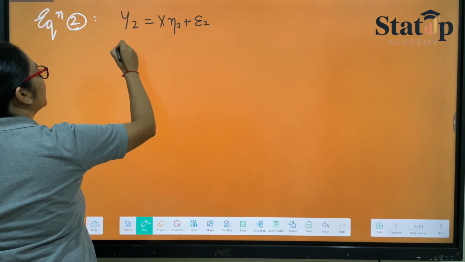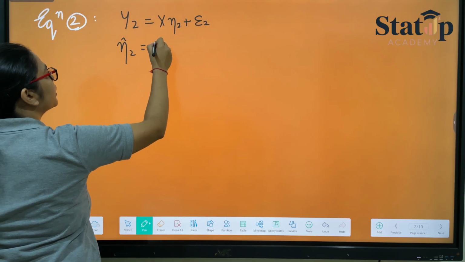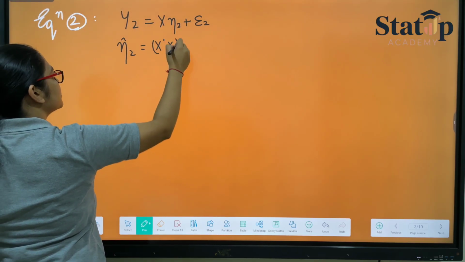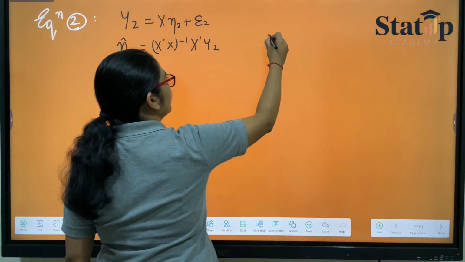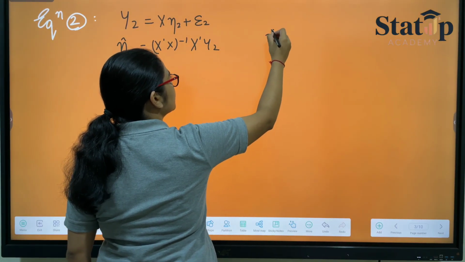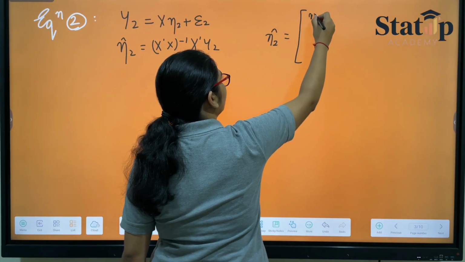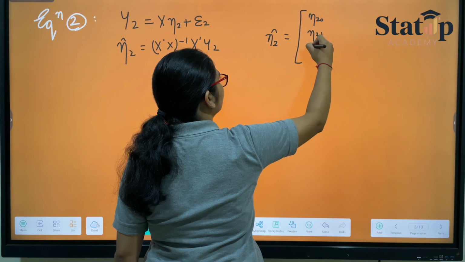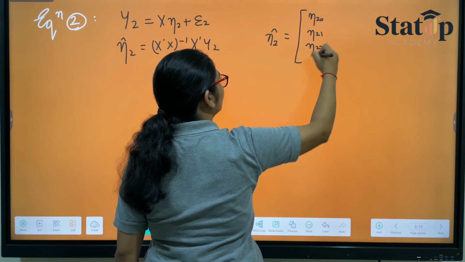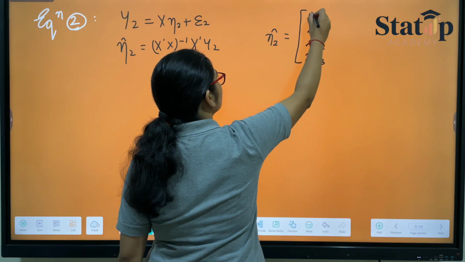Here eta 2 cap will be x dash x inverse x dash y2, which consists of eta 2 0, eta 2 1, eta 2 2, eta 2 3, all caps.